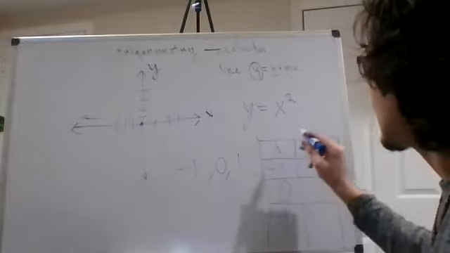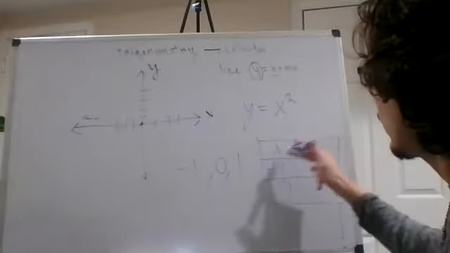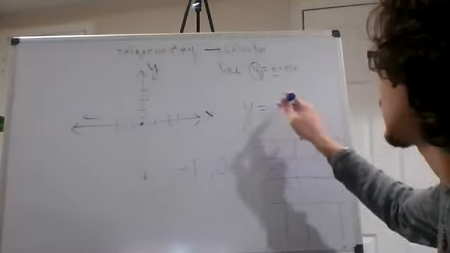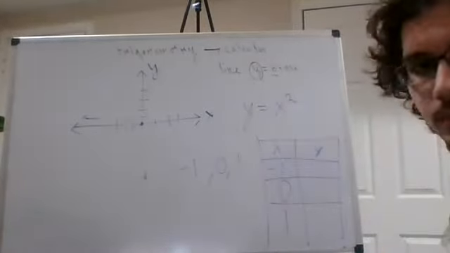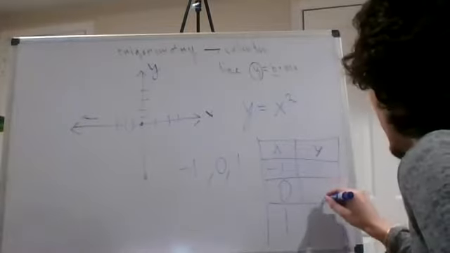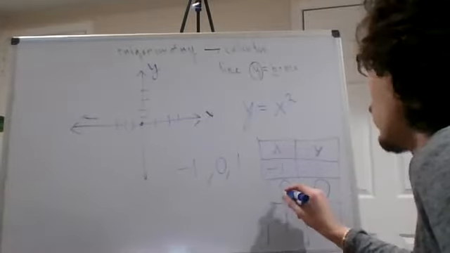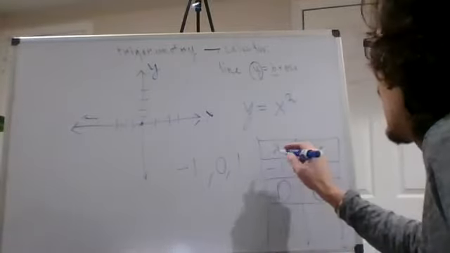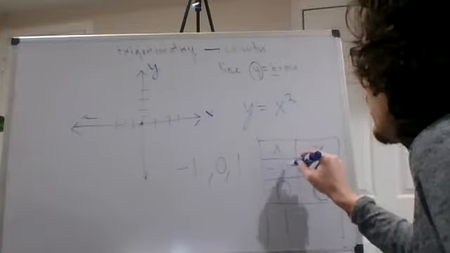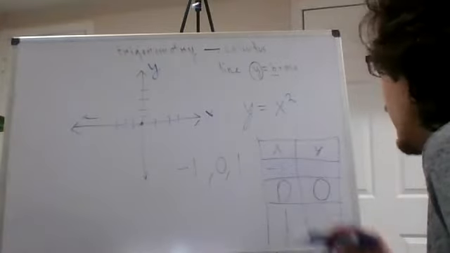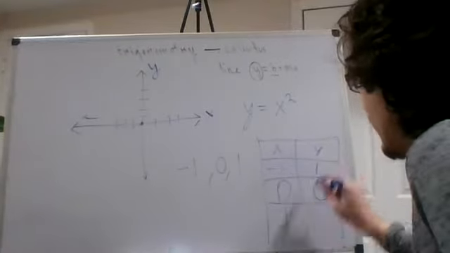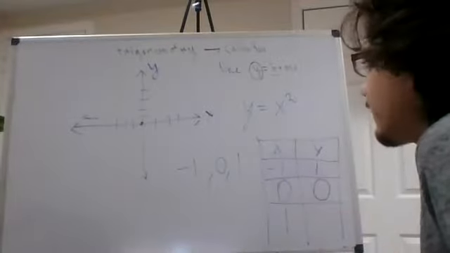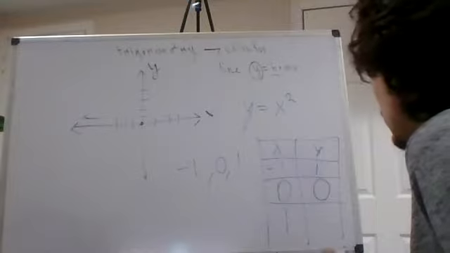So what is y when x equals 0 for the function y equals x squared? 0. Very good. So 1 point is at 0, 0. How about at x equals -1? Positive 1. Very good. And for when x is 1? Positive 1 too.